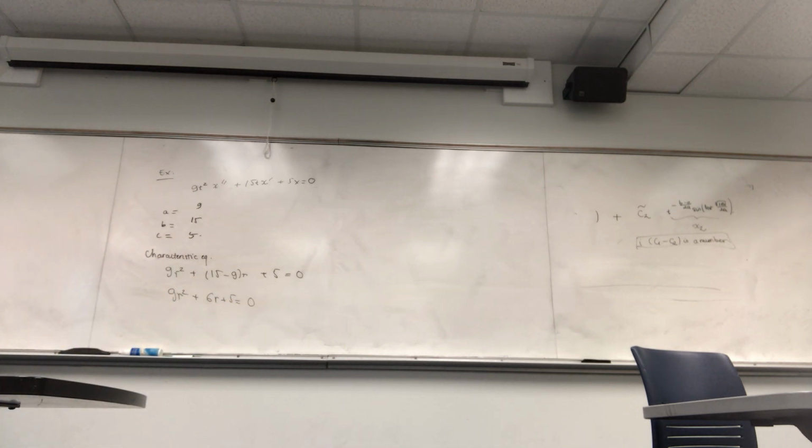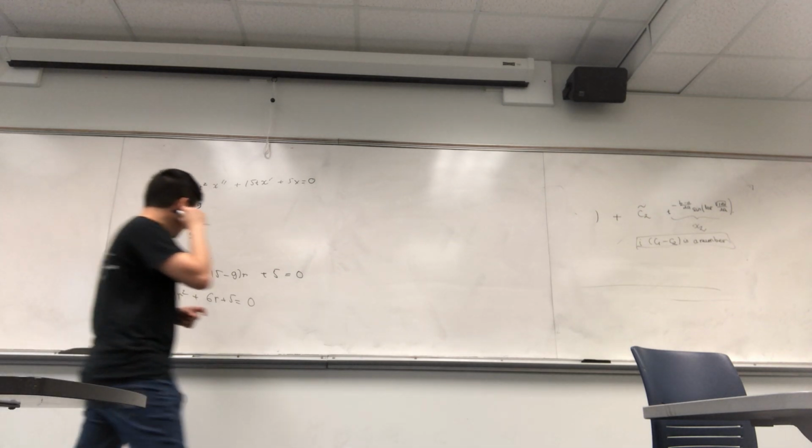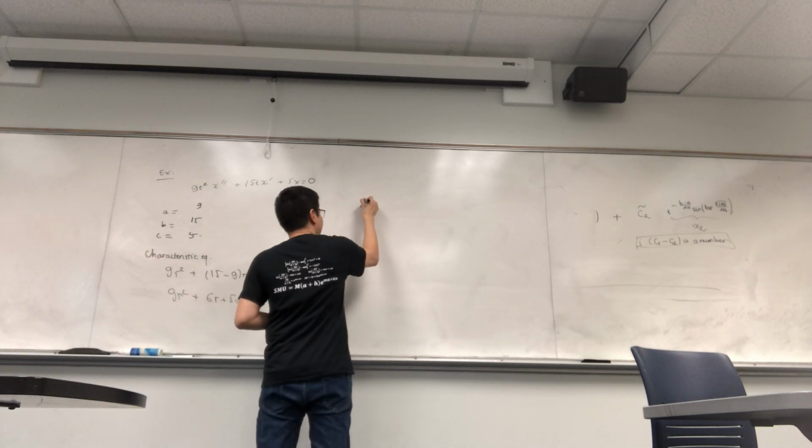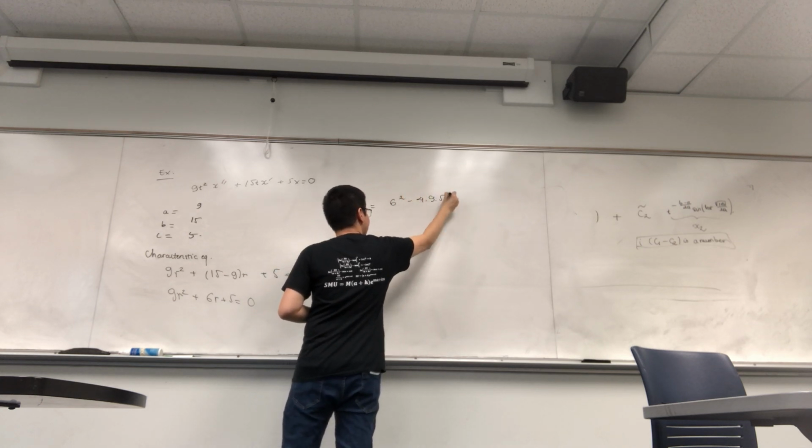What is the delta in this case? The delta will be 6 squared minus 4 times 9 times 5. Right?